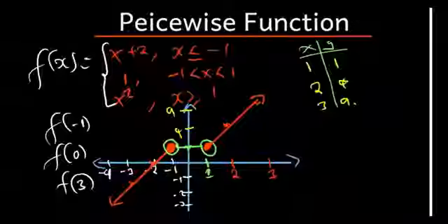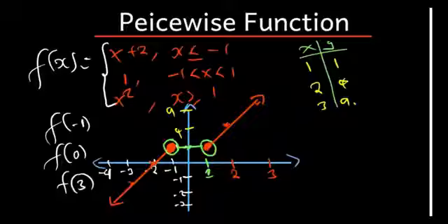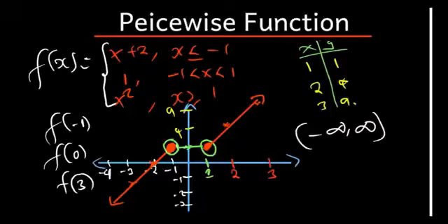Now from this graph we can even find the overall domain of this function. We can see that the x values, we don't know where it is ending, so it's going to be all real numbers from negative infinity all the way to positive infinity. That is going to be our domain because we don't know where it is ending. That's why I'm putting the arrow. These arrows simply mean that we don't know where it is ending.